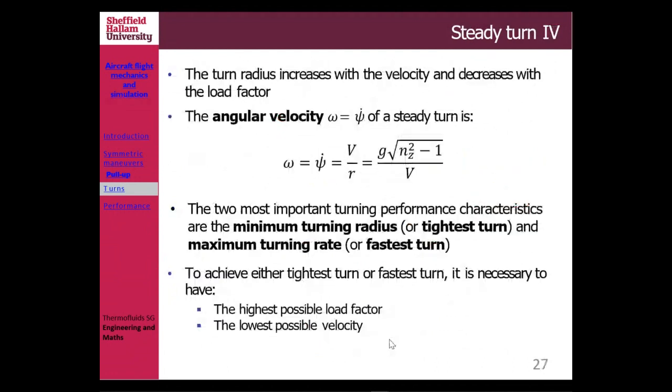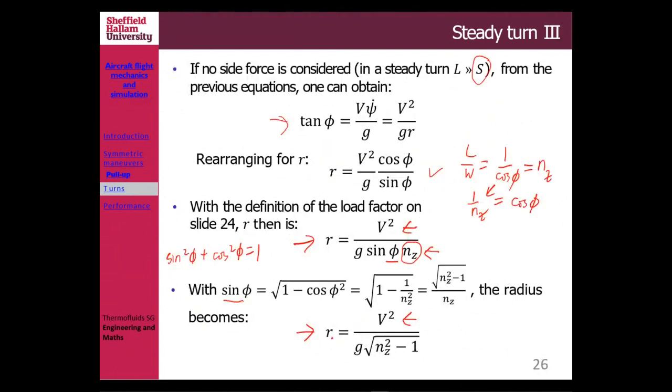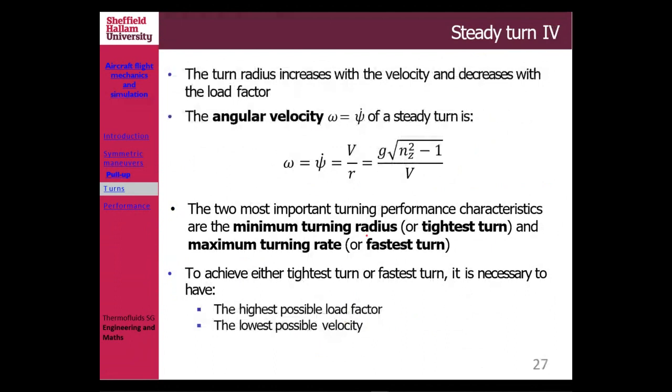So if you change that to the equations that we have previously, then you have the turn radius, or psi dot is g square root of n squared minus 1 divided by v.